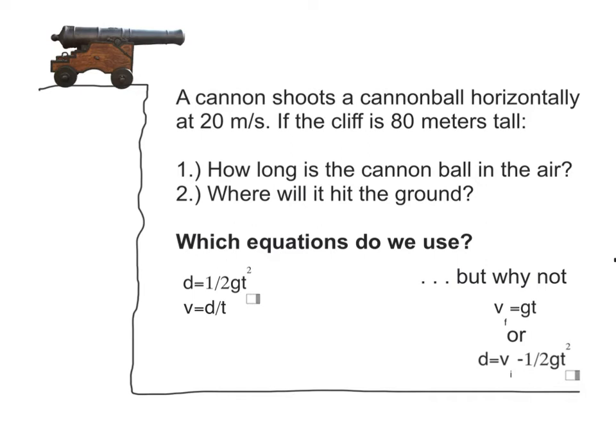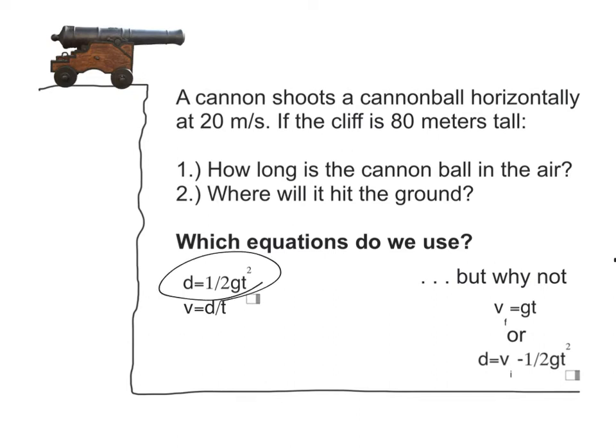Now, for the first one, how long is the cannonball in the air, we're searching for time, so we're looking for an equation with time in it. I haven't given you any equations that solve directly for time, but we do have some that we can manipulate. The trick is going to be to find one where the time is the only unknown. So I think about this one right here.